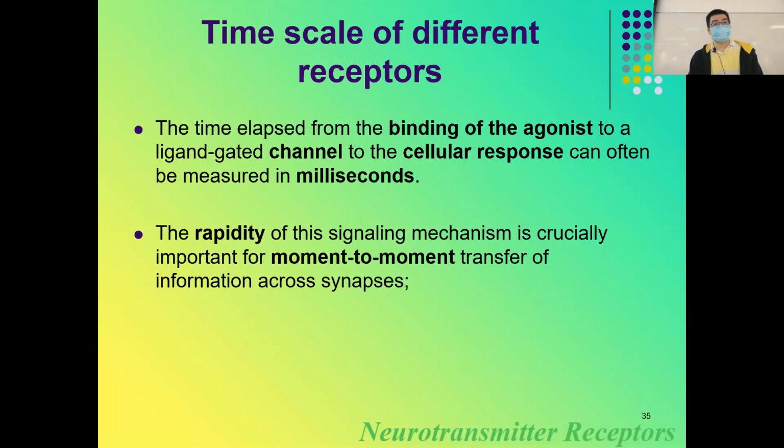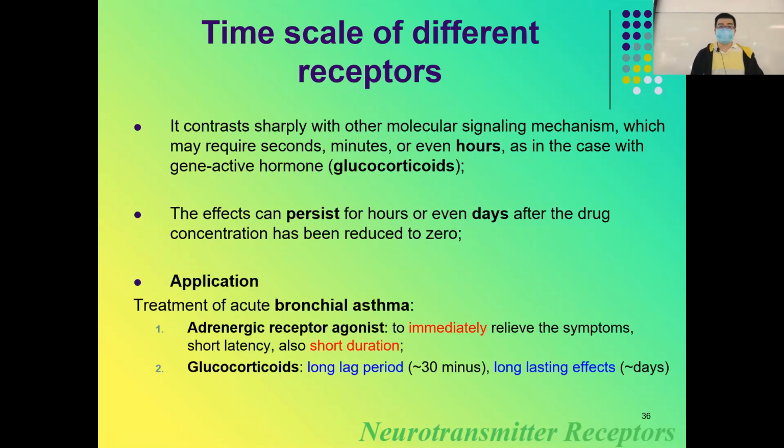It's very crucial because, from moment to moment, it transfers the information across synapses. For example, the movement, how fast you move determines what you can do. Okay. For example, in the case that the animals need to escape from the predator, then you need to move very fast. You see, so that's the reason why those need to be very fast.